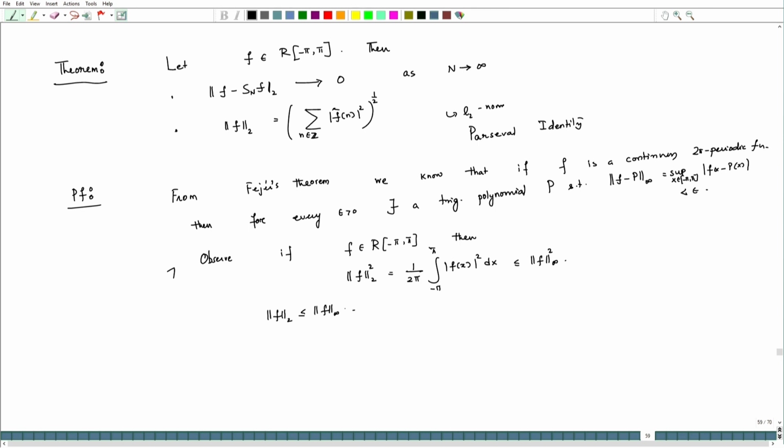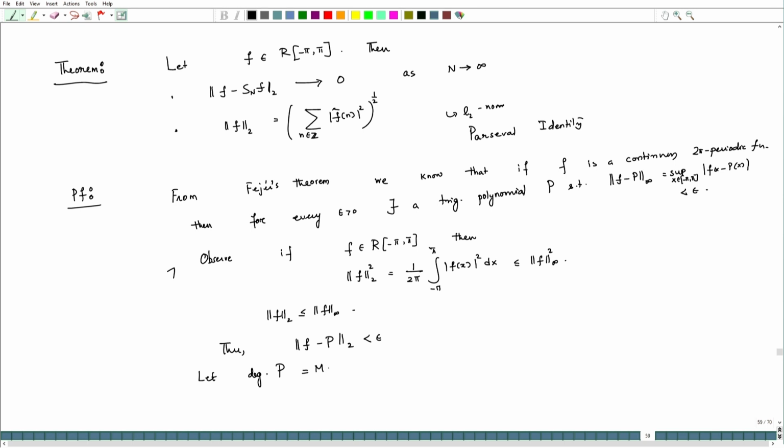Thus, for this particular p, this is also less than epsilon, because it is dominated by the sup norm. Now let us assume the degree of this p is equal to m.